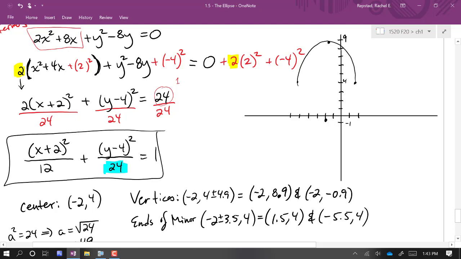Not too bad for a freehand sketch of the ellipse.